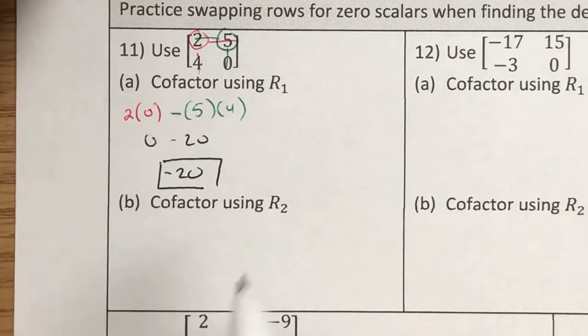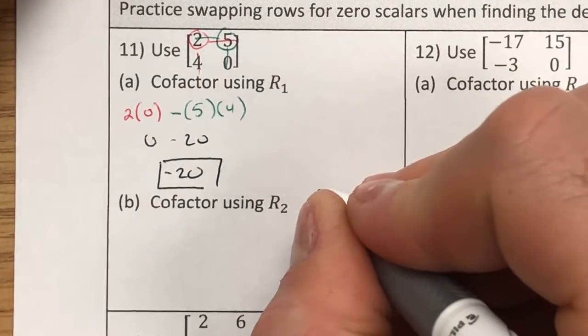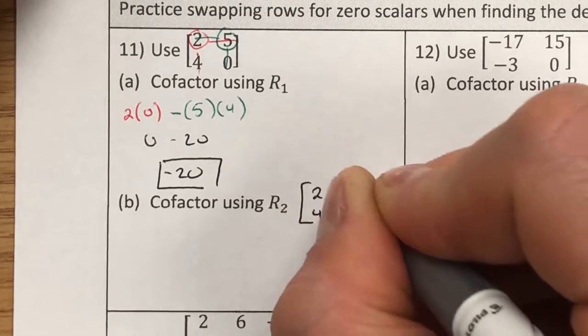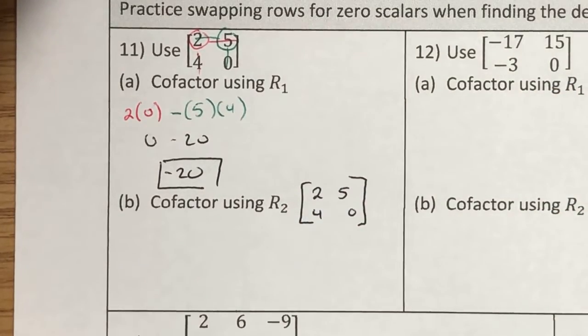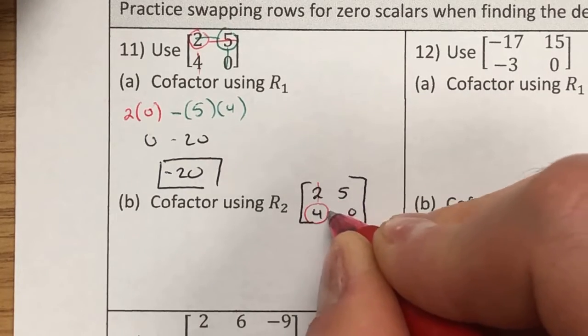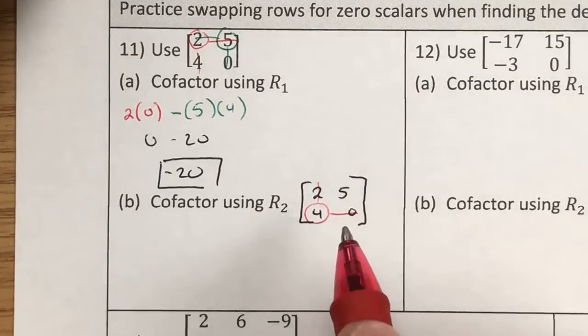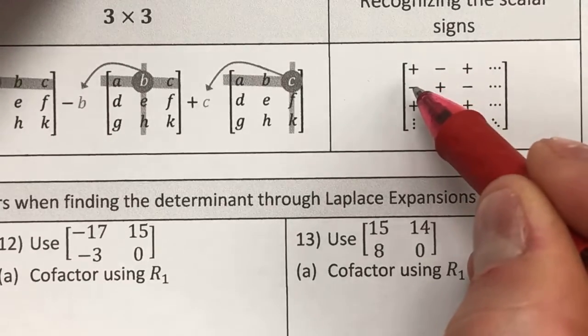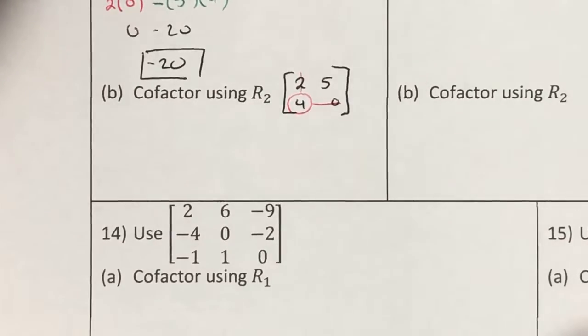If we cofactor using the second row, this is going to get a little confusing writing on top of this, so I'm going to rewrite the matrix right here. So instead, I'm going to use this row. So I'm going to start out with the 4 and multiply times the 5. But remember, when we start with the second row, I'm going to change the sign of the first one and add the second value.